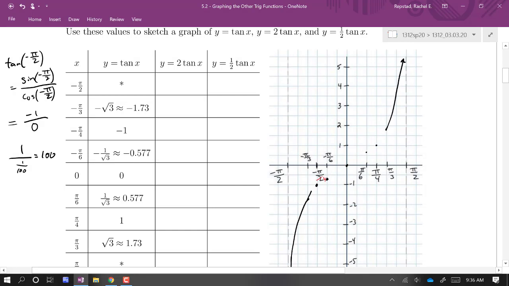And then it goes through these points, and then I want to connect these. Right, we have a nice smooth curve. It looks something like this.